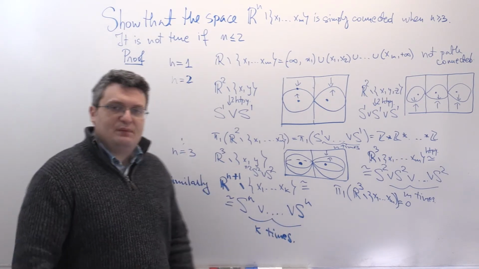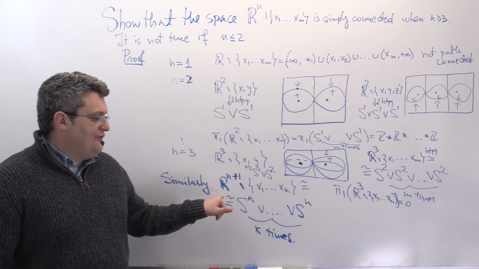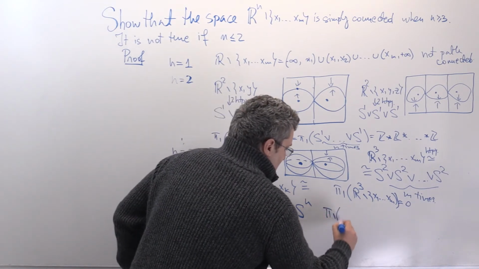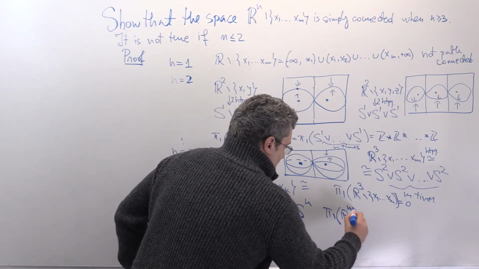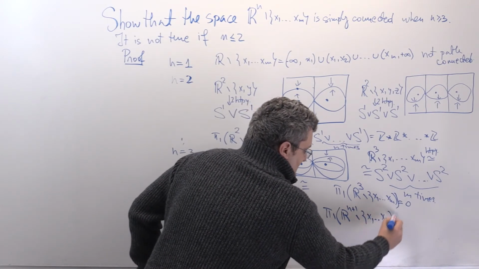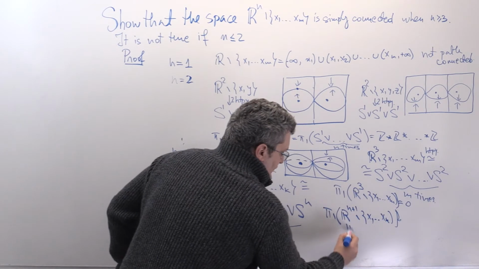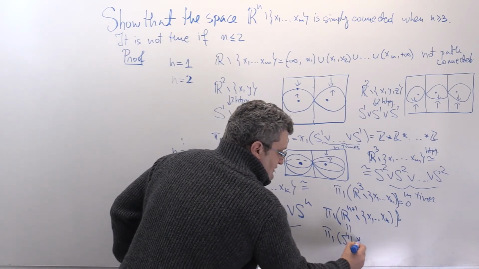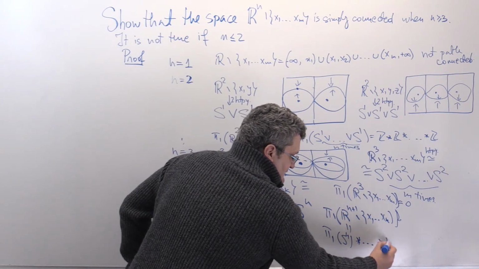The space is path connected, and if you take pi1 of this space, R^(n+1) minus x1, ..., xk, this will be the free group generated by pi1 of Sn.